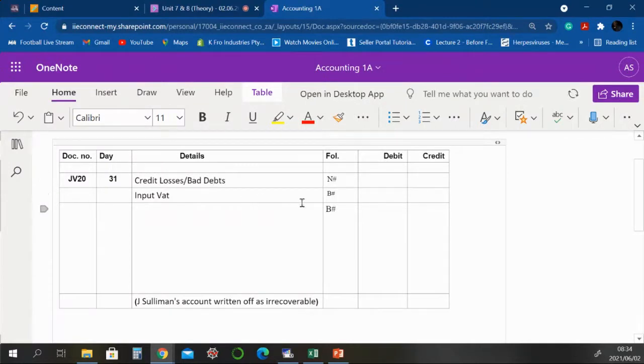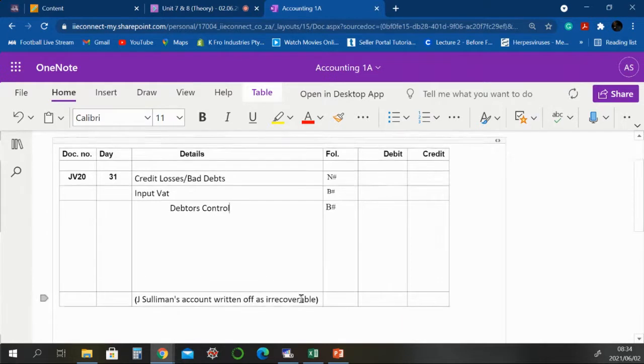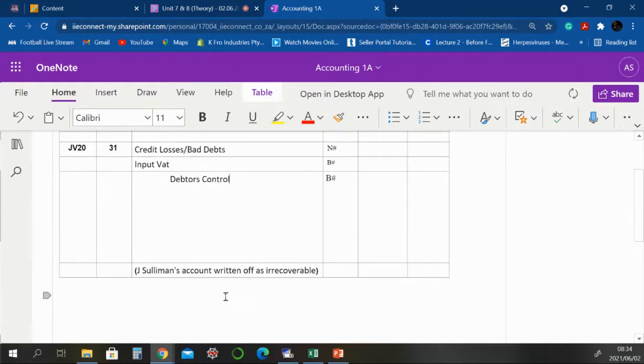And then finally, we know that debtors control is going down, right? Because we're writing this off. We're saying, hey, we're never going to get this money back. So we're going to credit debtors control. Right. Now we need to work out what amounts we are going to put in these respective accounts.